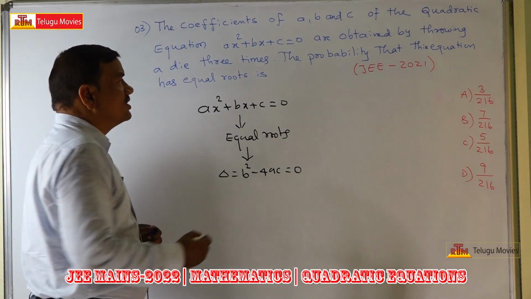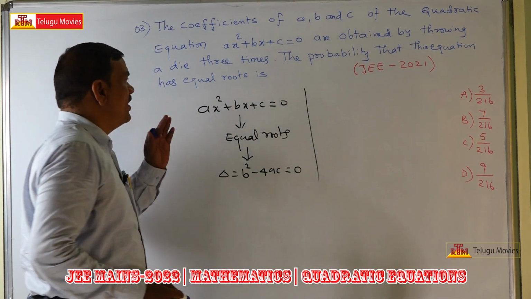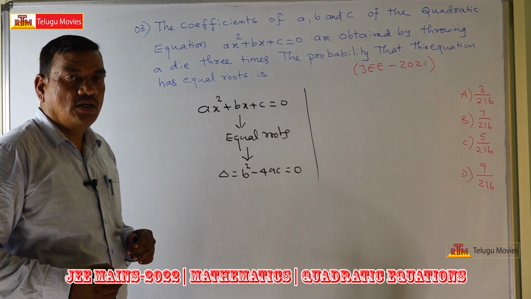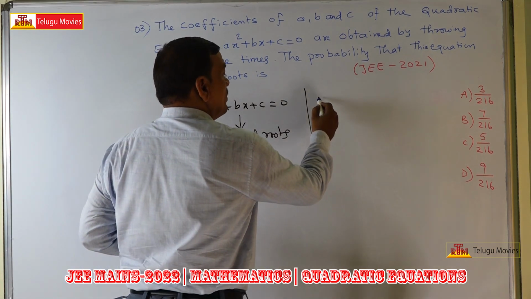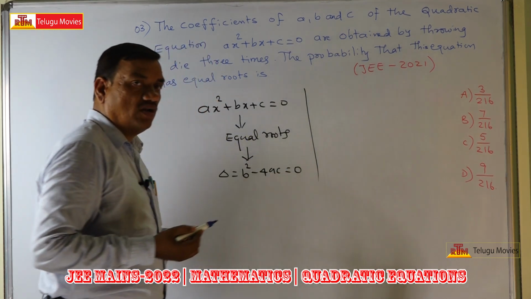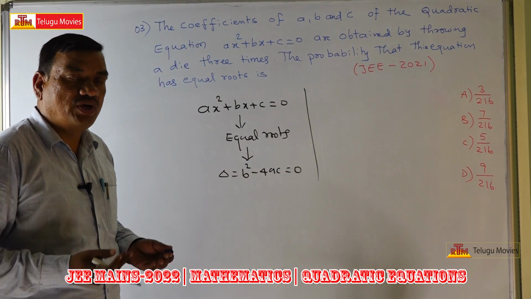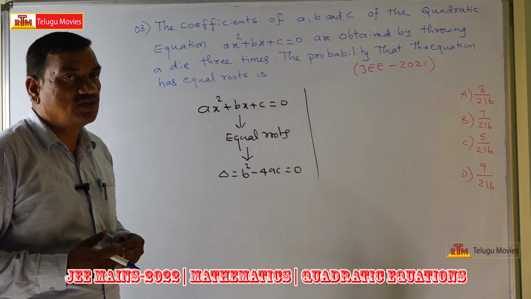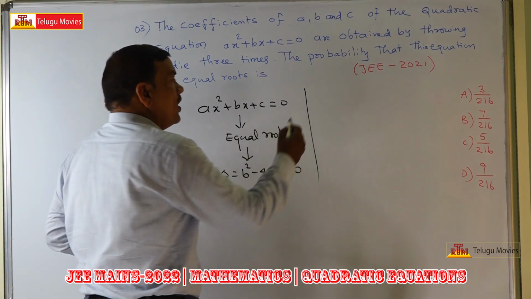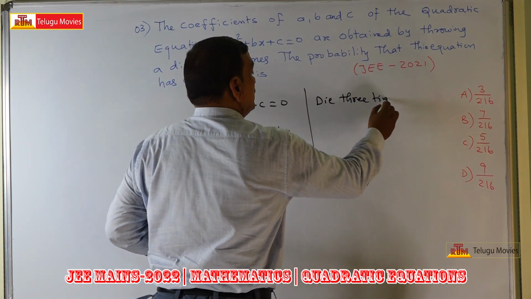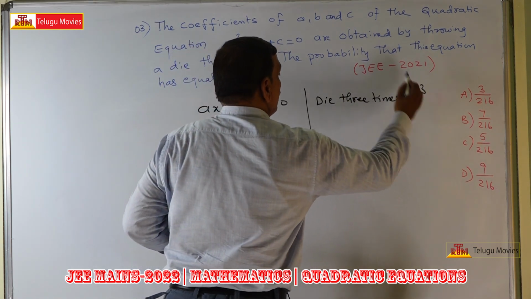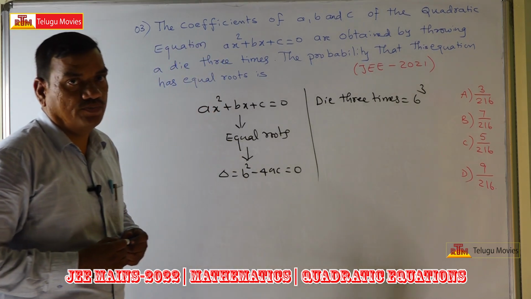And the second concept is, when you throw a die one time, the total number of cases is 6 power 1. If you throw a die 2 times, the total number of outcomes is 6 square. If you throw a die 3 times, the total number of cases is 6 cube.